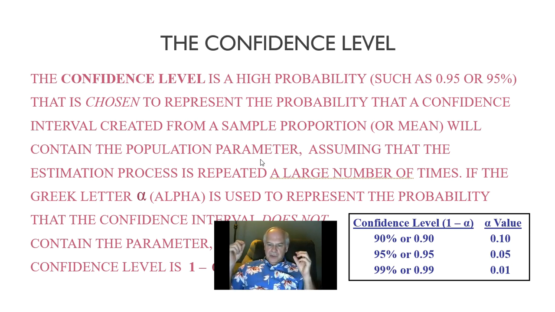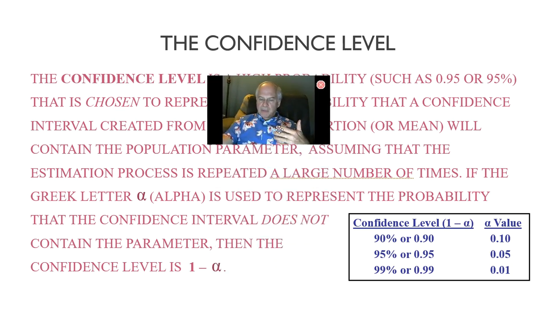In other words, you take a sample, you calculate your point estimate, and you create your confidence interval, and you do this a large number of times, and so 95% would mean 95% of the time our confidence interval contains the true population parameter.